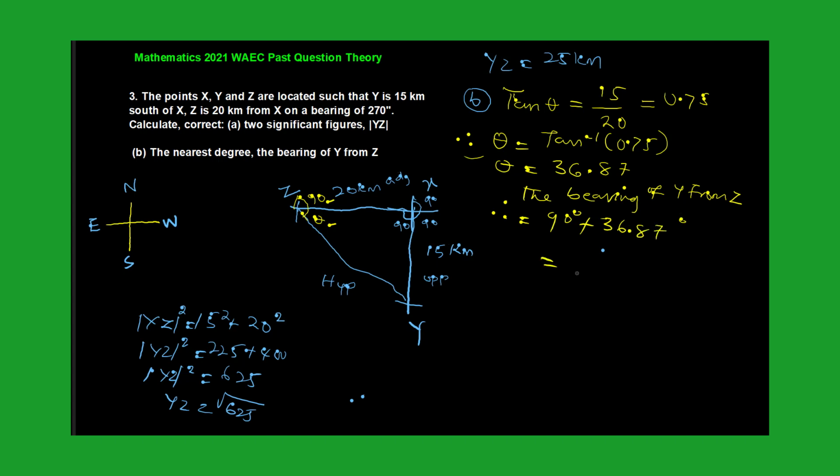So our final answer will be 126.87. To the nearest degree, that will be 127 degrees.